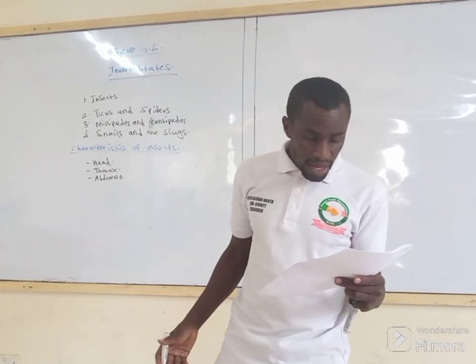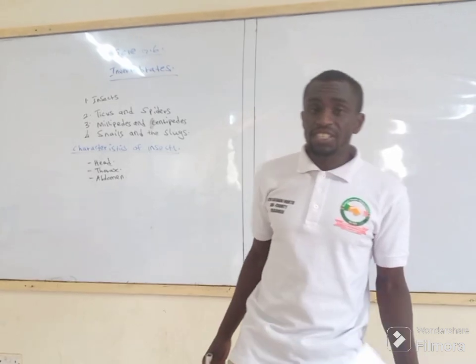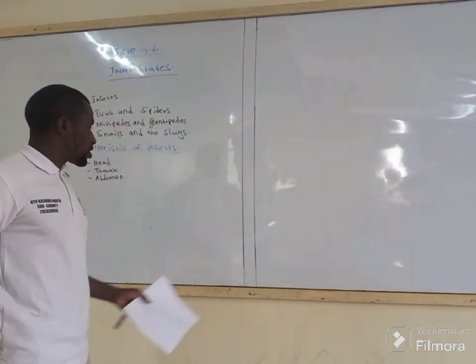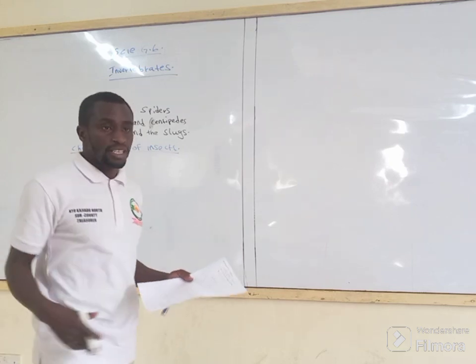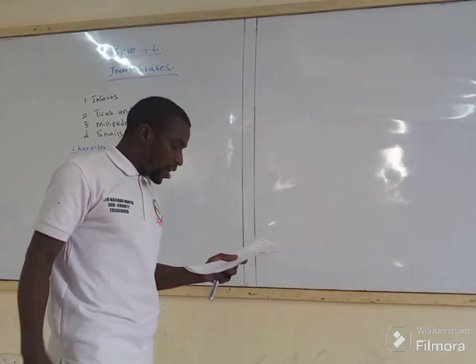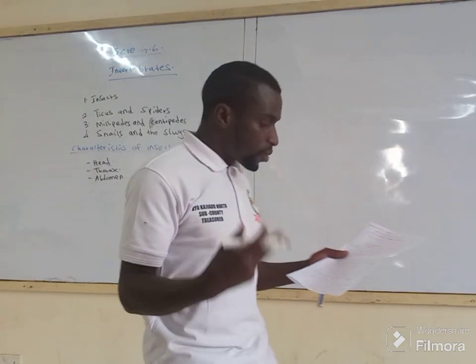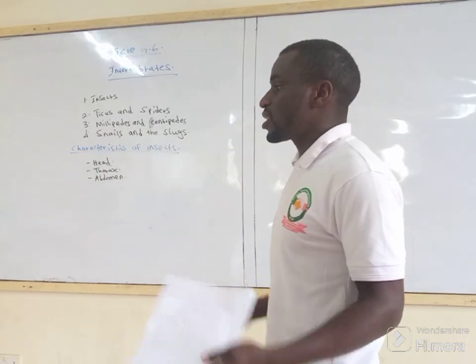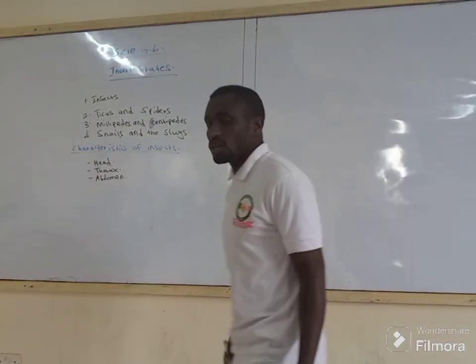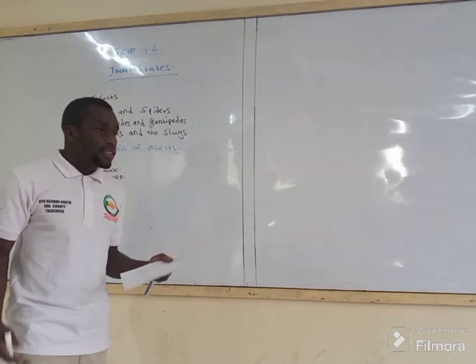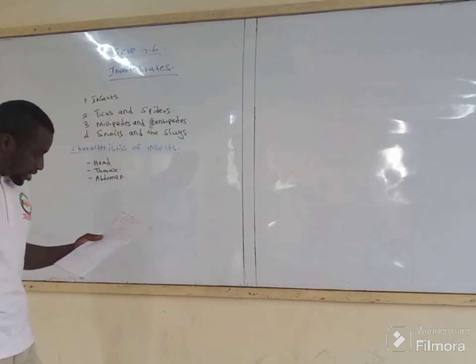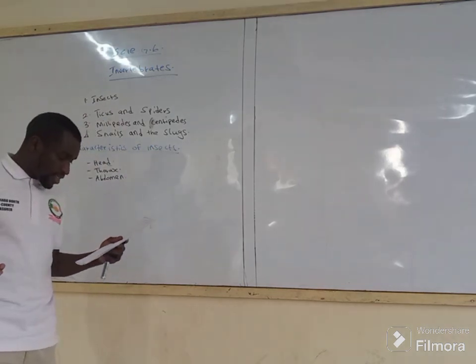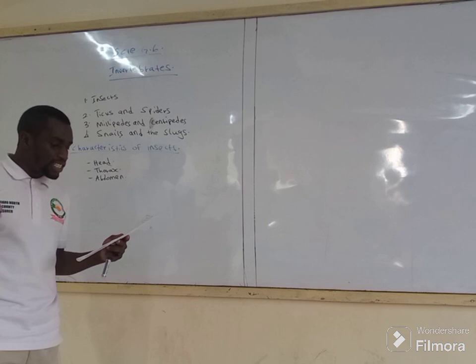The second characteristic is that they have 6 legs. So all insects have 6 legs. Next, their bodies are divided into rings or segments. The fourth characteristic is that they have a pair of antennae.